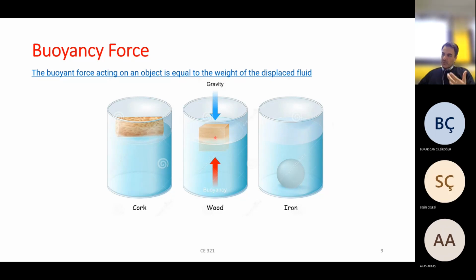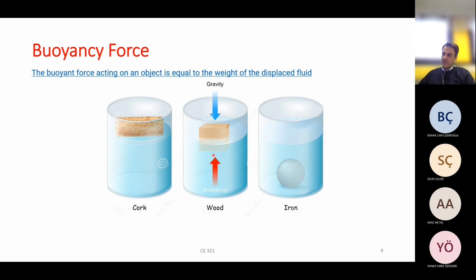Maybe for the case of wood, a bit more of this wood goes into the water, because if it goes a bit deeper than the cork, the buoyancy force increases, because the displaced water amount increases, and the equilibrium condition of balance happens when some part of this wood is within the water.